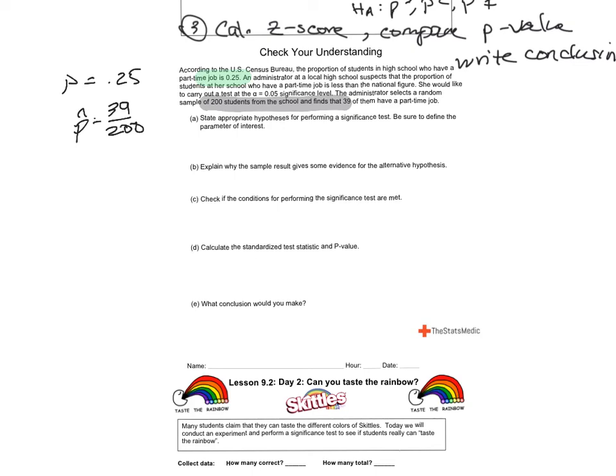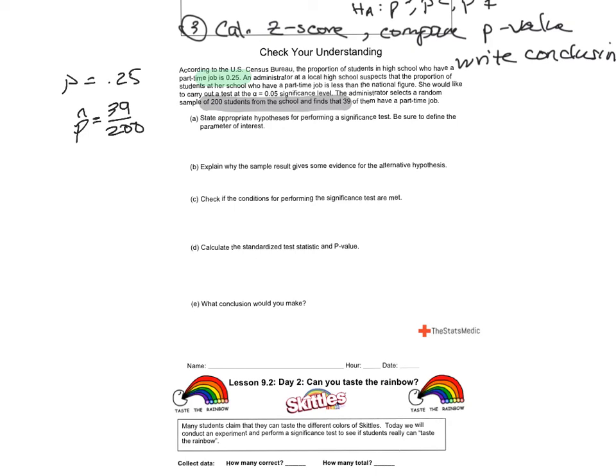Okay, 39 over 200. So, state the appropriate hypotheses for performing the significance test. Be sure to define the parameter of interest. So, we need to say that the parameter of interest is the proportion of high school students who have a part-time job.